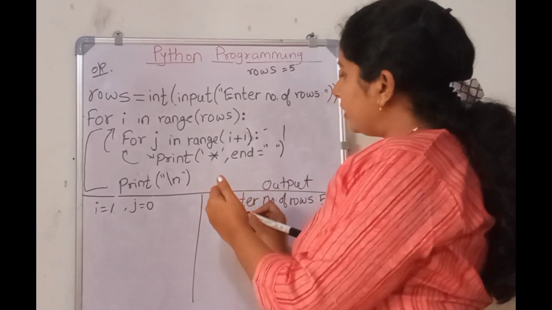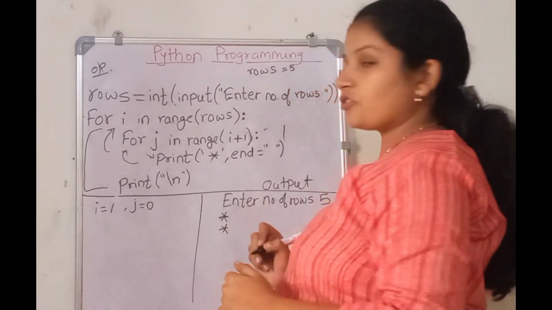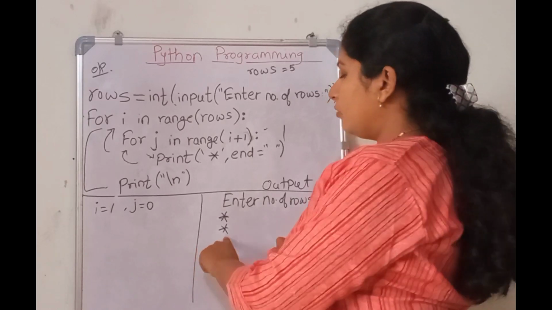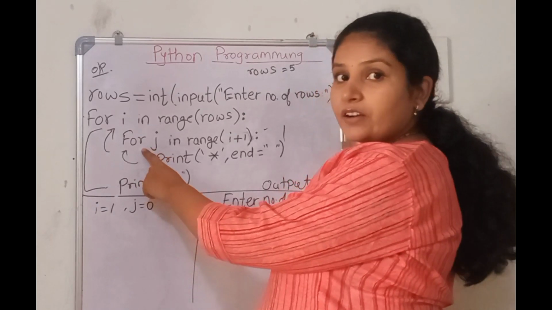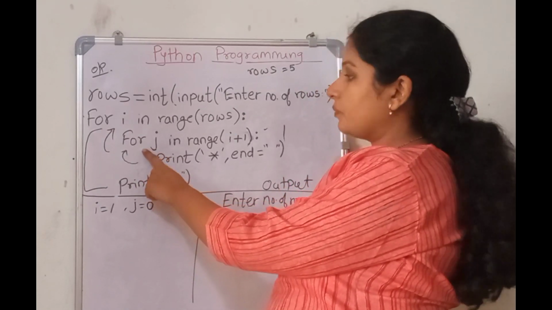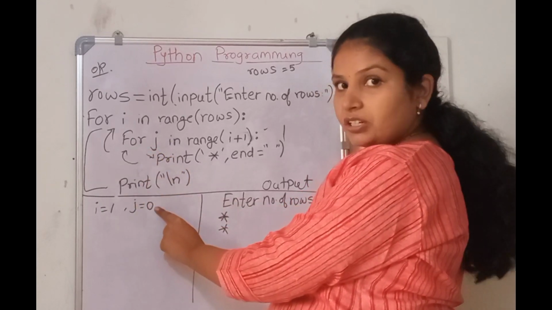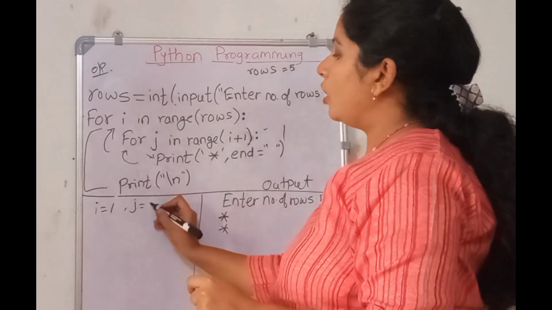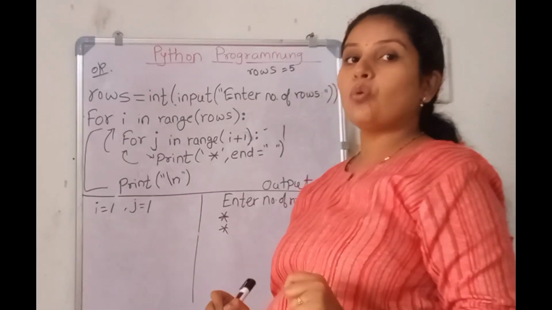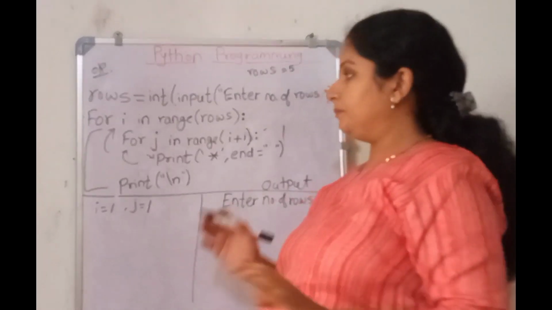Okay. So here in the new line we are printing asterisk, right? One time. Then go to the jth loop because we are solving the inner loop first. Now j value was 0 initially. After going to the jth statement, now j value is incremented by 1. J is 1. I value will be same. J value will be 1.